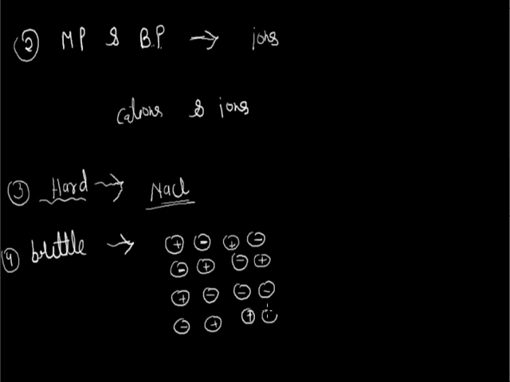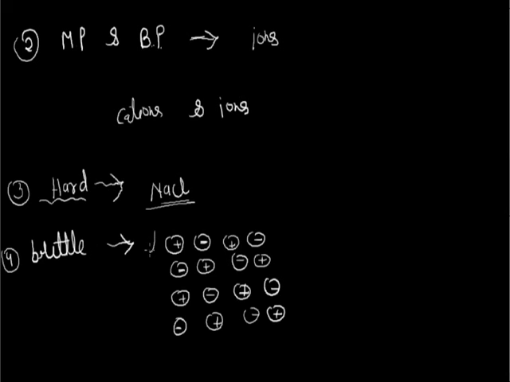It means in the structure of ionic compounds, oppositely charged ions always come close together and similar charged ions stay apart from each other, since there will be a repulsion force between the similar charged ions. This is the structure of an ionic compound.